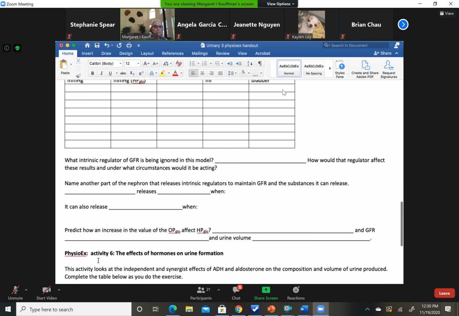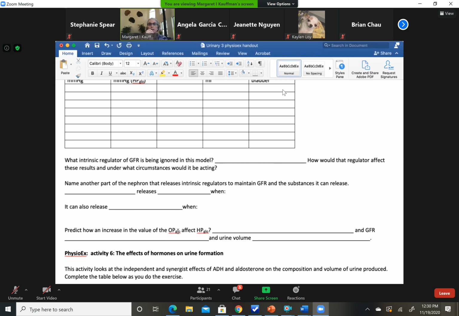All right. Predict how an increase in osmotic pressure would affect glomerular pressure. So if you increase osmotic pressure, let's just increase the osmotic pressure. Somehow we magically wave a wand and OP goes up.